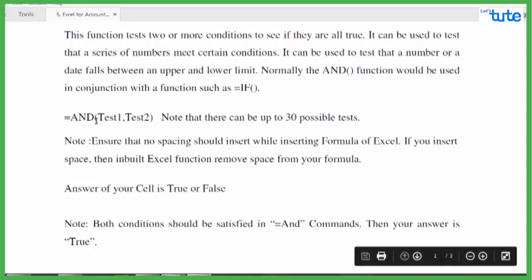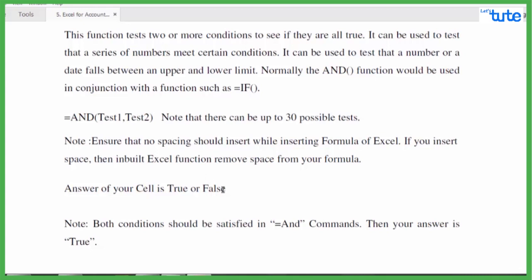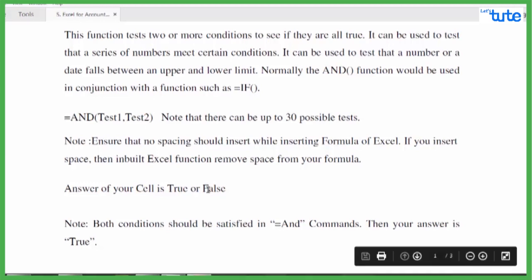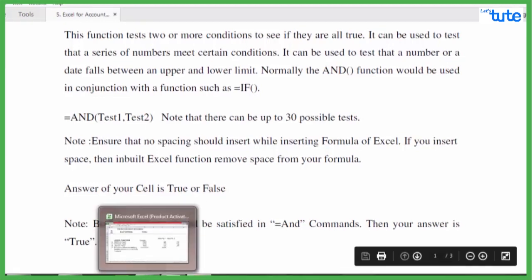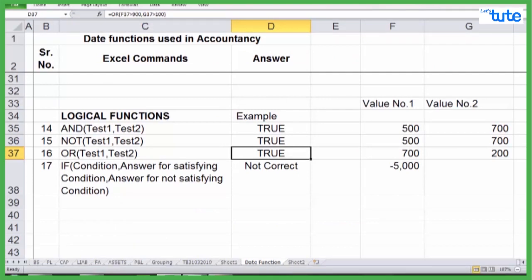In the AND command, your answer will be either true or false. In AND, both the conditions should be satisfied. If any one condition is not satisfied, then your answer becomes false. Now we will do practice in Excel.